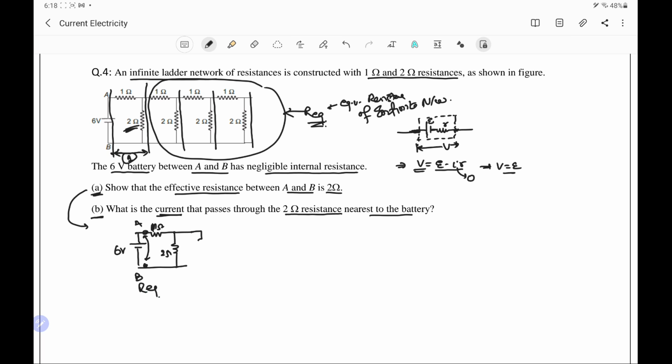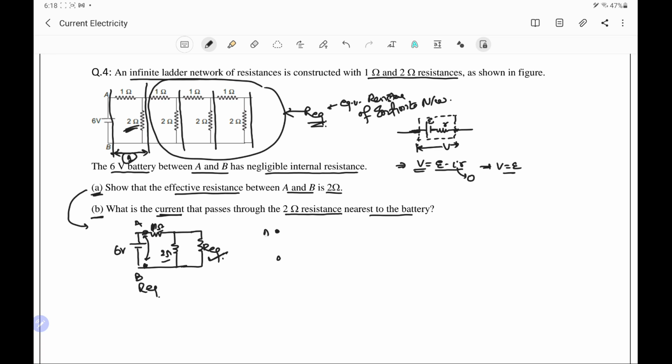Hence we can replace this infinite ladder by R_eq. So now the circuit is reduced, having R_eq for the infinite ladder plus one component having the 2 ohm and 1 ohm across the terminals A and B.